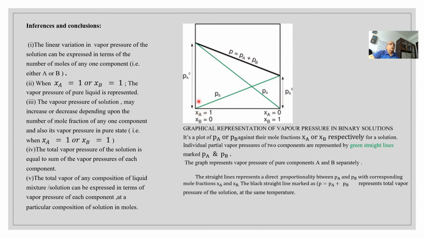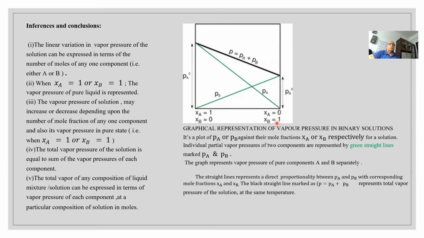Y-axis representing pressures, vapor pressure. X-axis, mole fraction. X-axis for component A starts at 1. And as we move further, it may be 0.